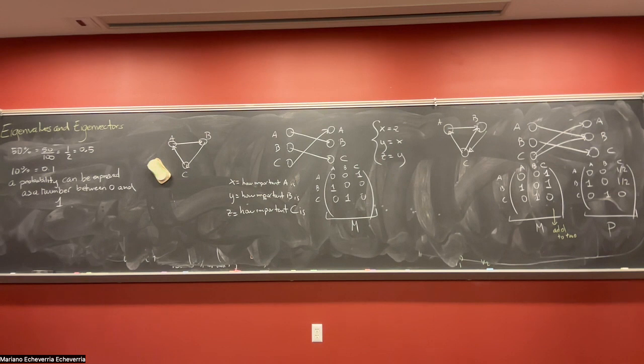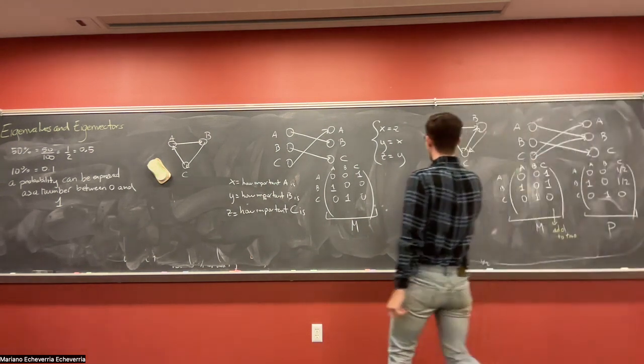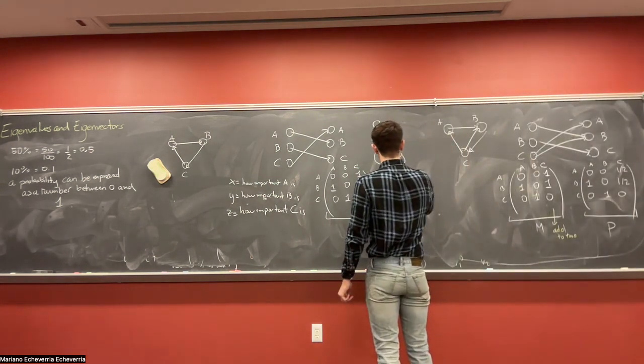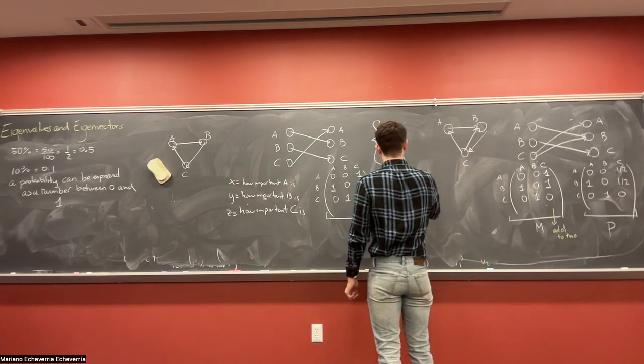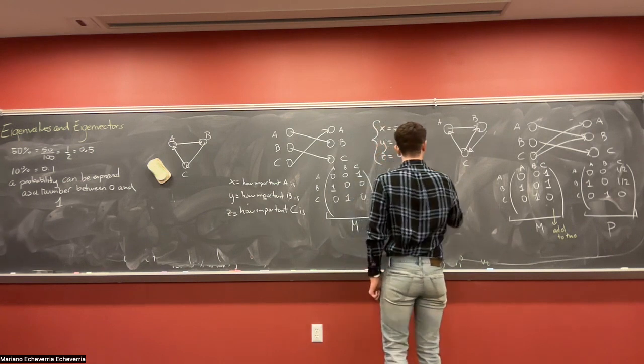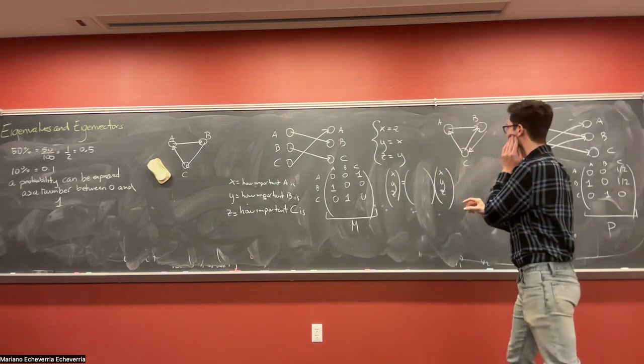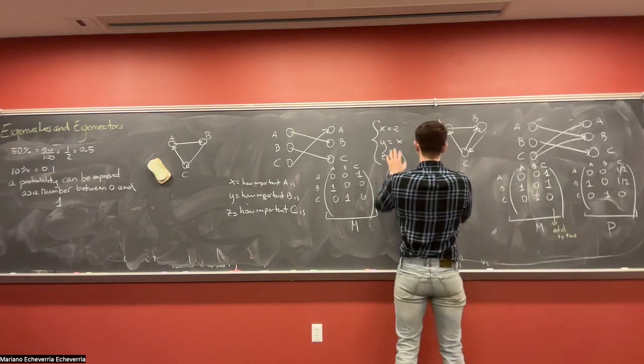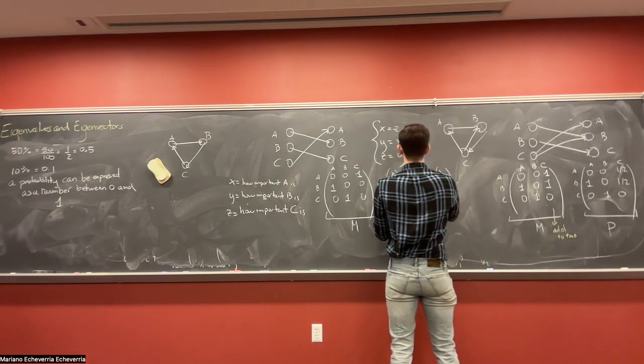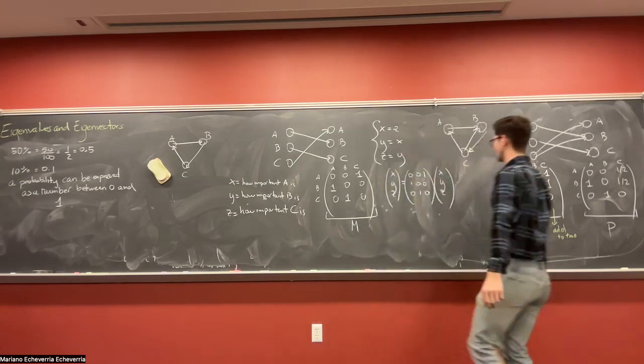Which is a very simple system of equations to solve. Again, it looks like overkill in this case, but you can write this in matrix notation. So what would be the equation here? 0, 0, 1, 1, 0, 0, 0, 1.